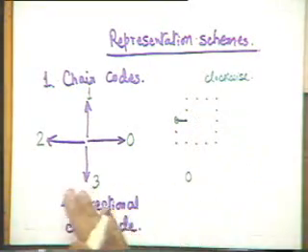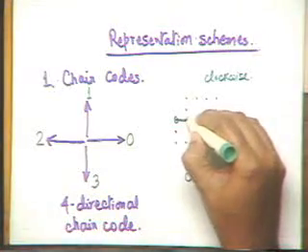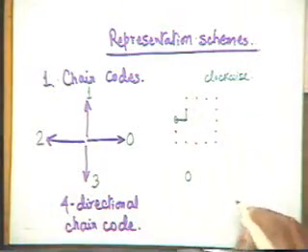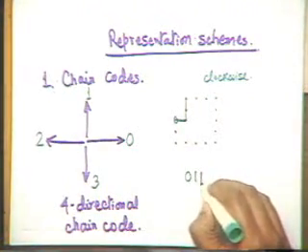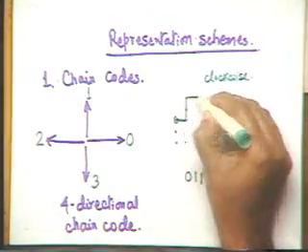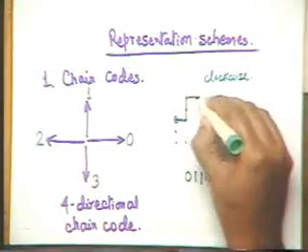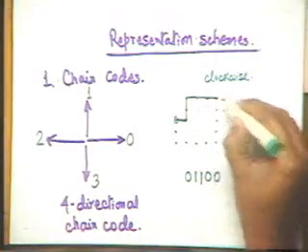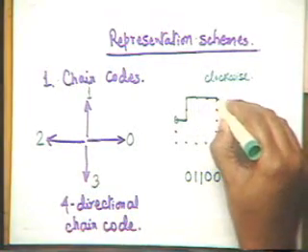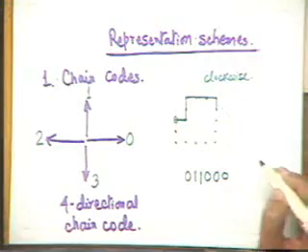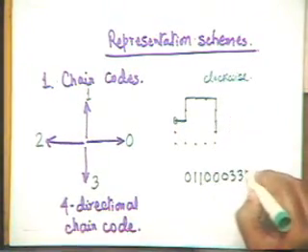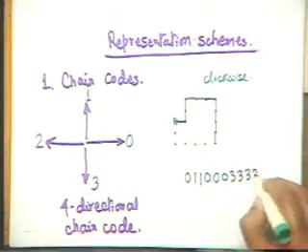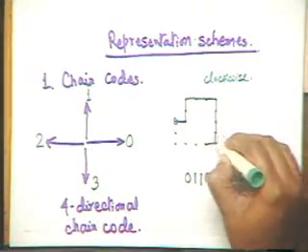Let me write down the chain of the direction changes. So this is 0, and then from here to here, what is the direction? 1. Again here 1, then here 0, 0, 0. Now we are traveling down. So it is 3, again 3, again 3, again 3, and now we are traveling to the left.